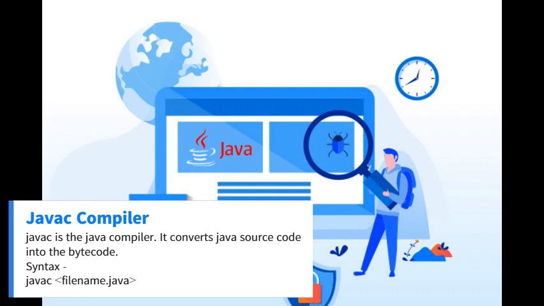Every source code file that you create can have a maximum of one public class definition. The source code is converted to bytecode by the Javac compiler. The Javac compiler converts the .java file that you create to a .class file which contains a bytecode. So here is the syntax: javac filename.java.